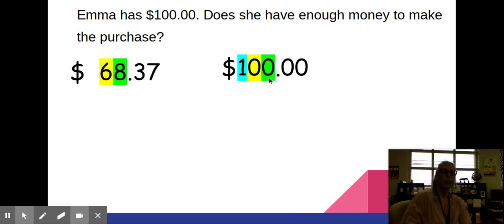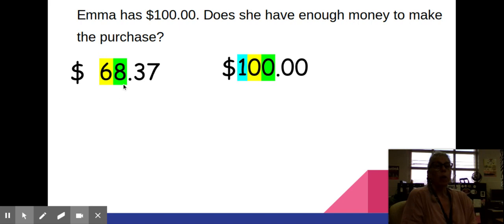When we are comparing numbers, we always want to start with the digit on the far left. In cases of these, we have a number with 2 digits before the decimal point. 100 has 3 digits before the decimal point. So to compare a 3-digit number to a 2-digit number, we need to pretend that there is a digit here.